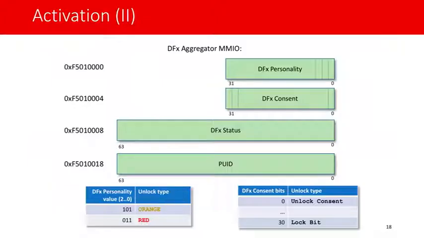More interesting are the DFX Aggregator registers, the personality register and the consent register. The personality register specifies the type of unlock, red or orange, and the consent register is used to allow writing to the personality register.